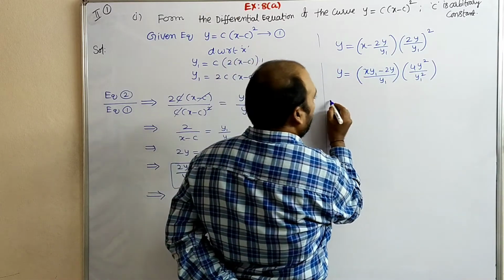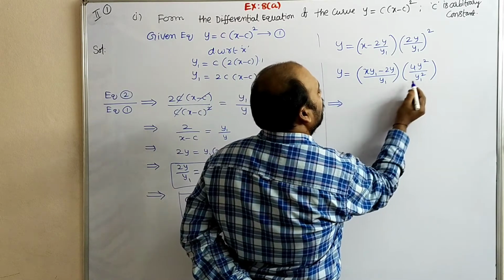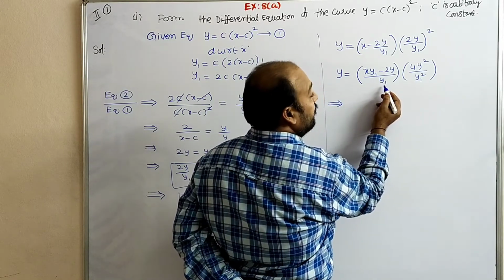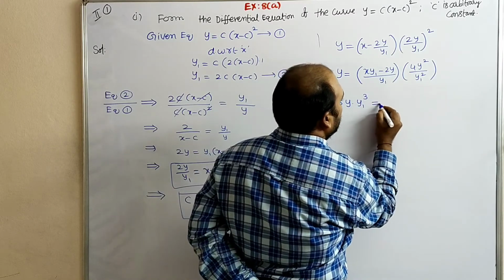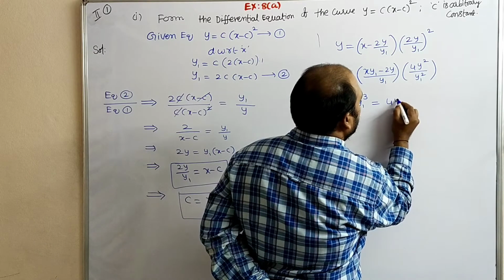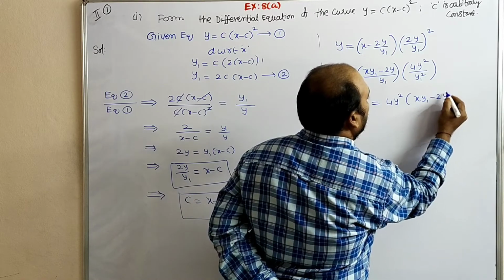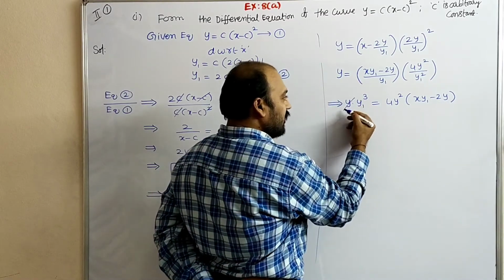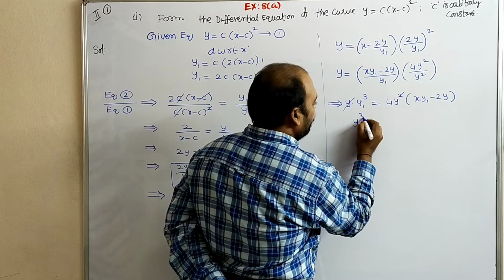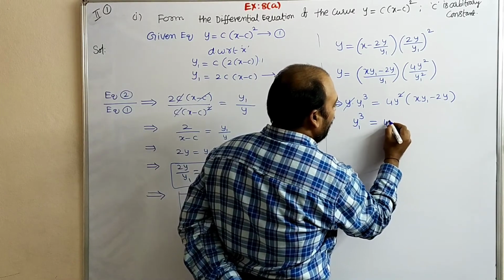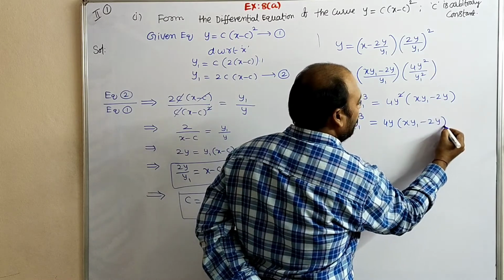Cross multiply. So here y1 square into y1 is y1 cube. y into y1 cube is equal to 4y square into x y1 minus 2y. So one of the y will be cancelled here. y1 cube is equal to 4y into x y1 minus 2y.